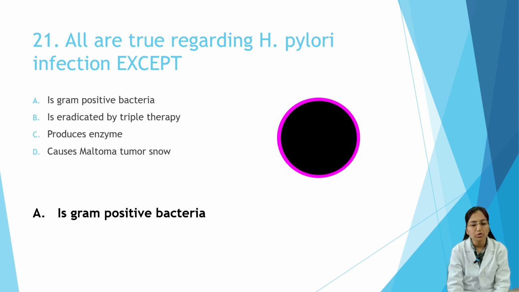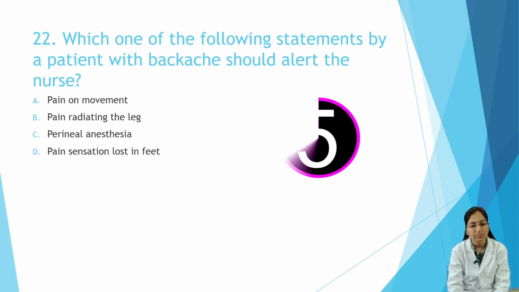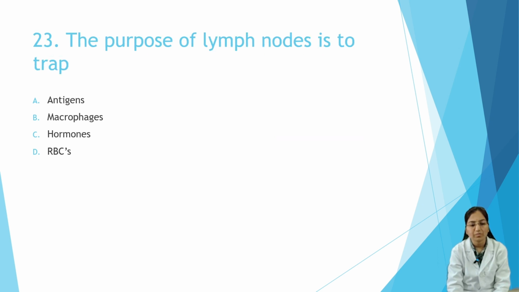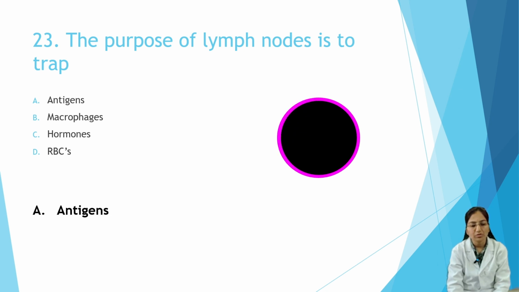Next question. All are true regarding Helicobacter pylori infection except: it is a gram-positive bacteria. Next question. Which one of the following statements by a patient with backache should alert the nurse? Pain radiating to the leg. Next question. The purpose of lymph nodes is to trap antigens.